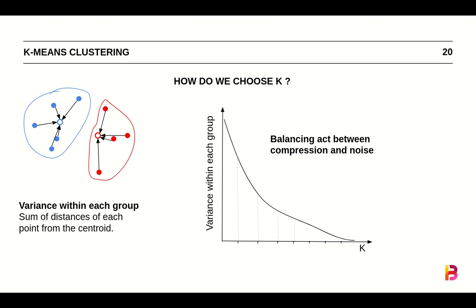Somewhere you would have to draw a balance on what exactly you want. Do you want a very simplistic model where you have some basic categories, or do you want multiple categories where you have a very clear understanding about each category? So it's a balancing act.